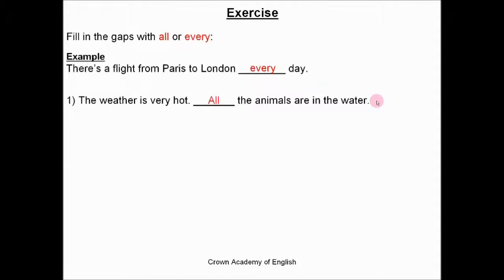So, the weather is very hot. All the animals are in the water. So this is an example of what we saw at the beginning. When we use the word all, it is followed by a noun in the plural. Question 2.